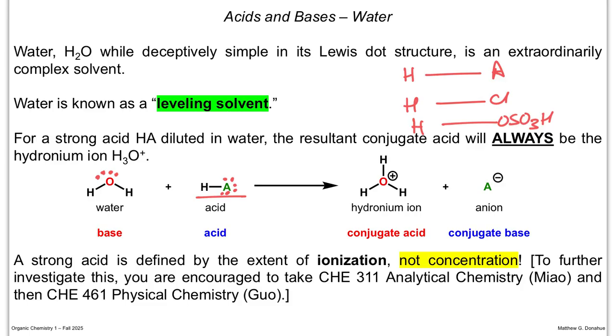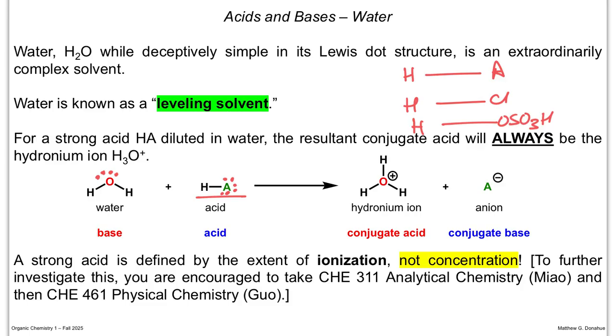One thing I do want to clarify is about strength. A misconception coming from Gen Chem is that the concentration, like molarity, is proportional to acid strength, and that is not the case. Sulfuric acid is sold commercially as 98% sulfuric acid, 2% water.